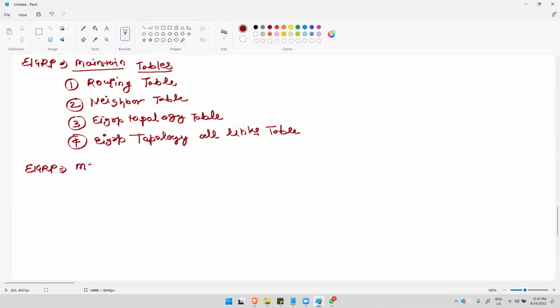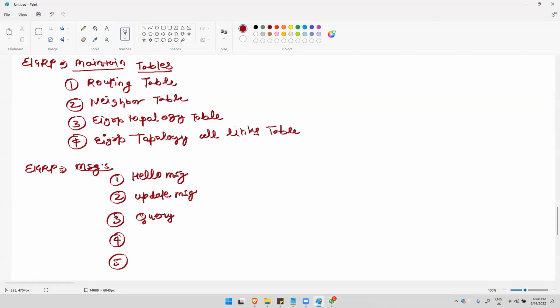In EIGRP, we are using some messages. First message is the hello message. Second is update. Third message is query. Fourth message name is reply.